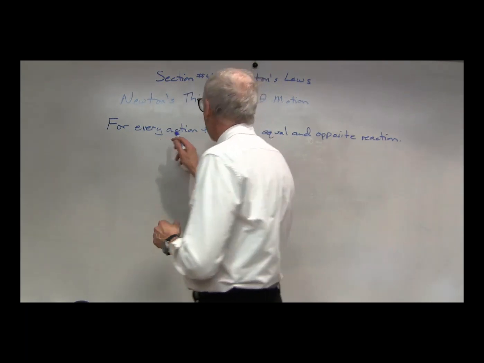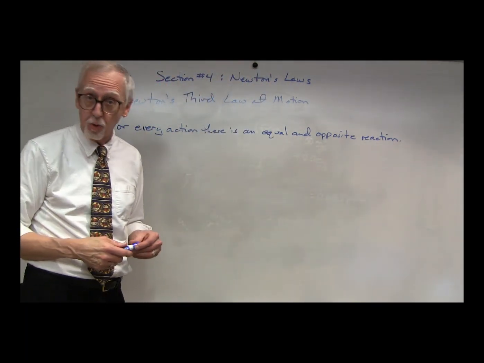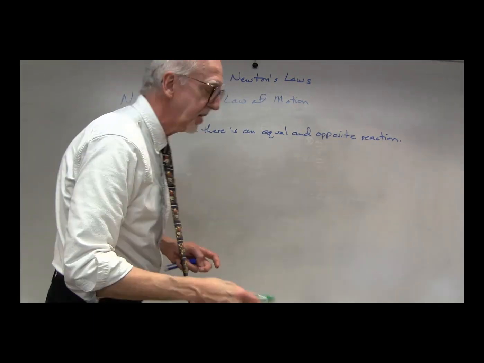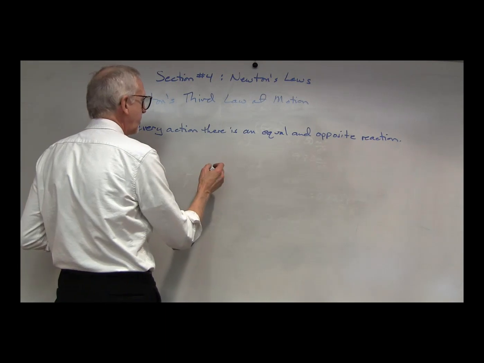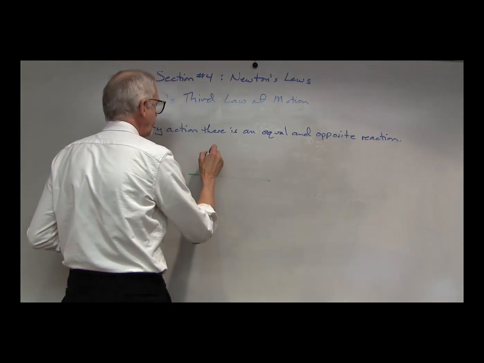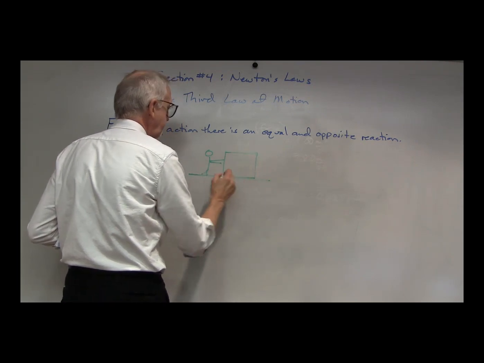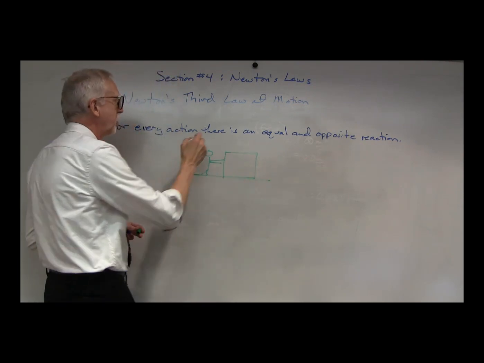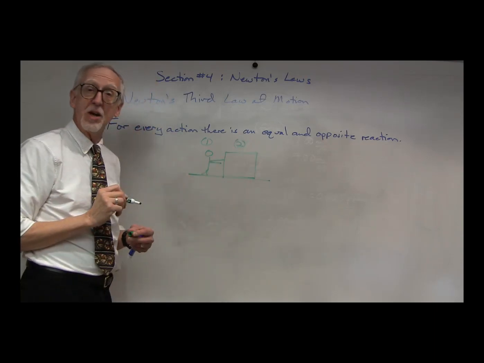What does this mean? Every action and reaction, what are we talking about? We're talking about forces. What this is telling us is that if we've got two objects, any objects, so for example, let's imagine we have someone pushing on a box. So the person, we'll call the person object 1, the box we'll call object 2.